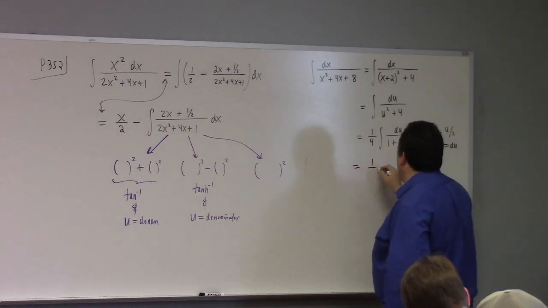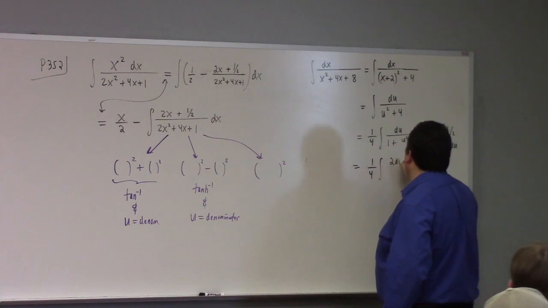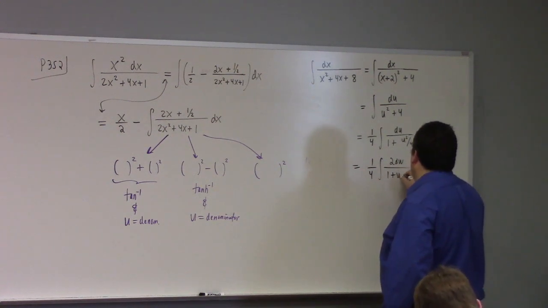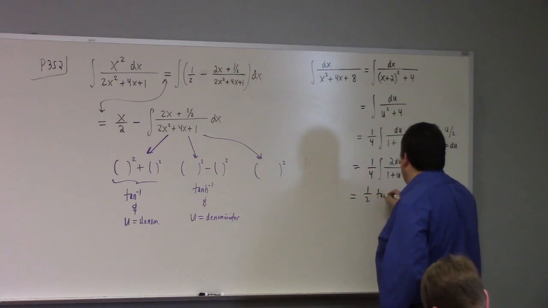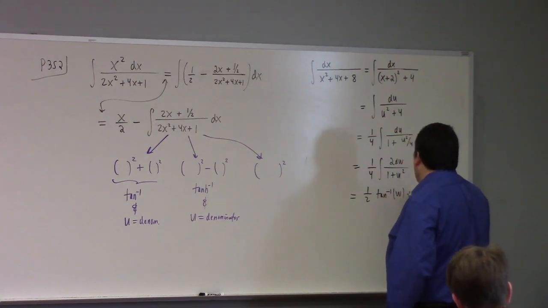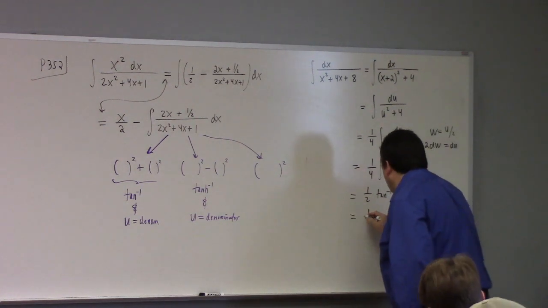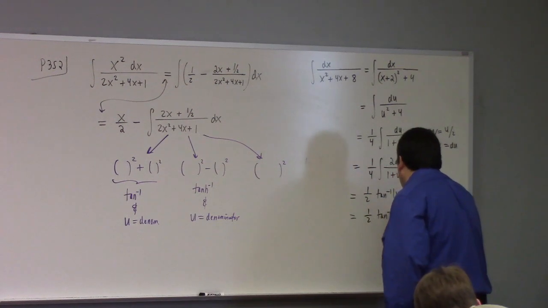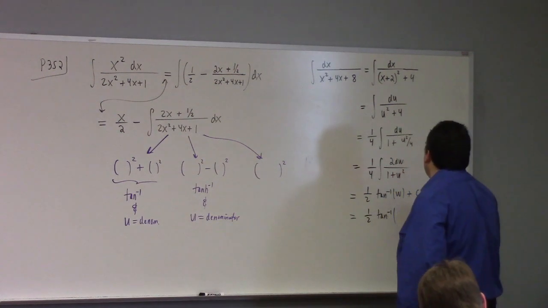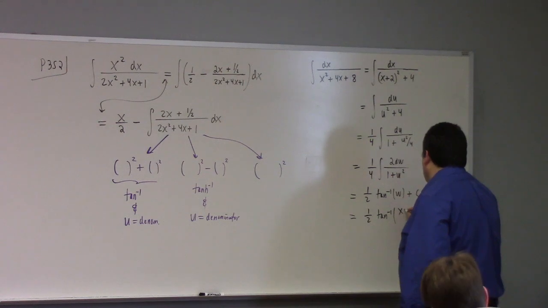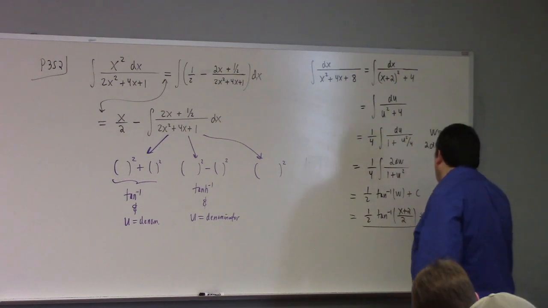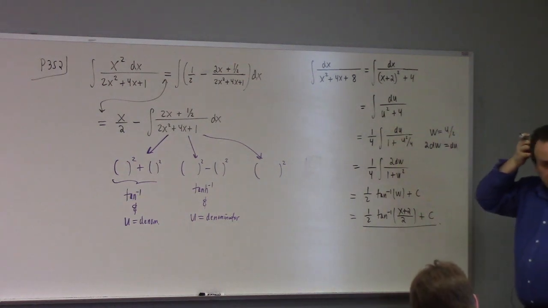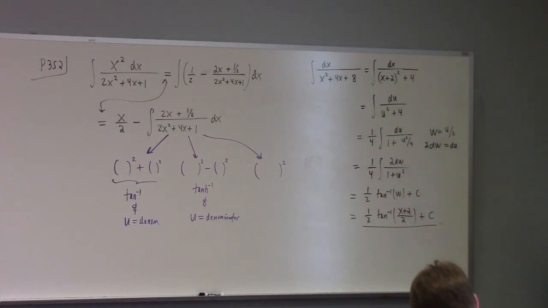And so we get 1/4 integral of 2 dw over 1 plus w squared, which is 1/2 inverse tangent of w plus a constant, which is 1/2 inverse tangent of u over 2, but u over 2 is actually x plus 2 over 2, plus a constant. So this is how we deal if the denominator has a positive square.